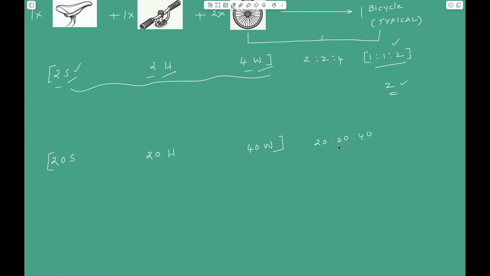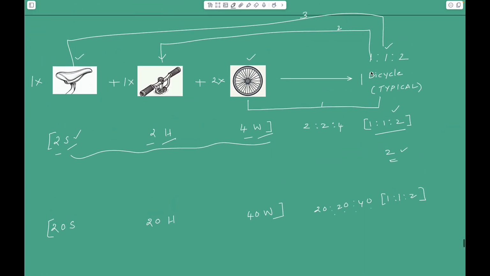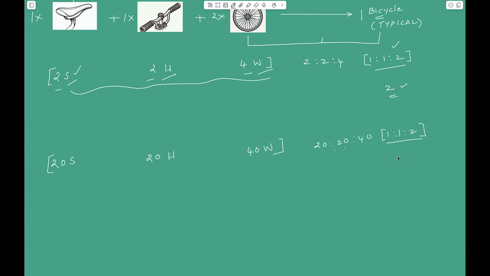It is 20 to 20 to 40. If you divide each of these terms by 20, again the ratio becomes 1 to 1 to 2, same as the ratio in which these components are present in each bicycle. Therefore, they are in the correct proportion or the correct ratio.